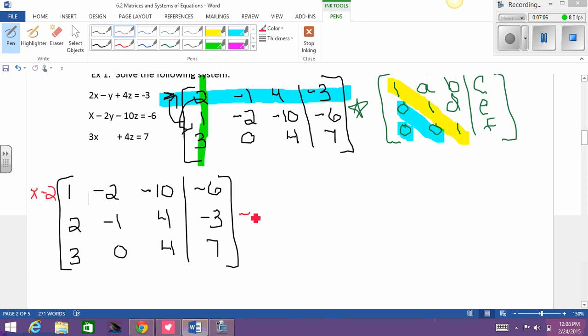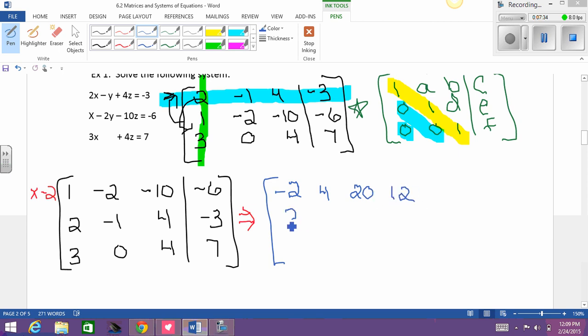And it is going to give me a new matrix, right? So we're going to have negative 2, 4, 20, 12.